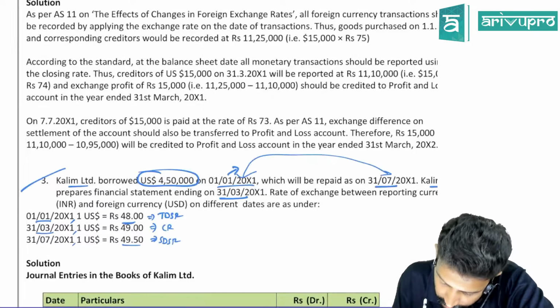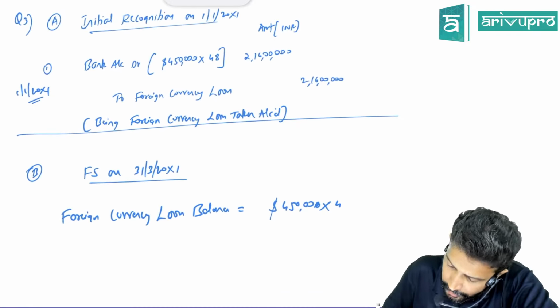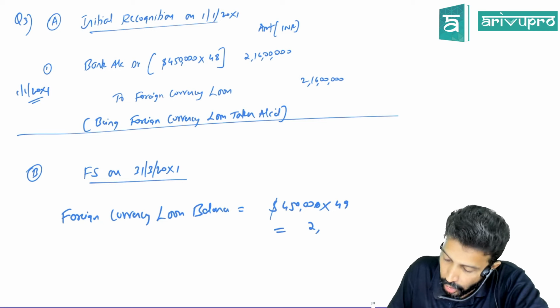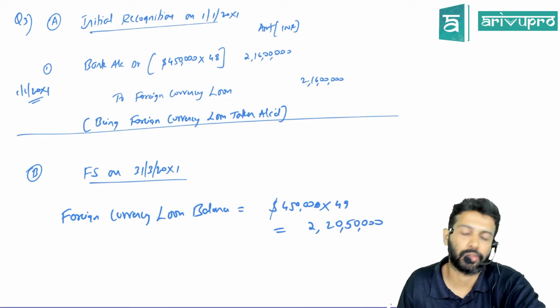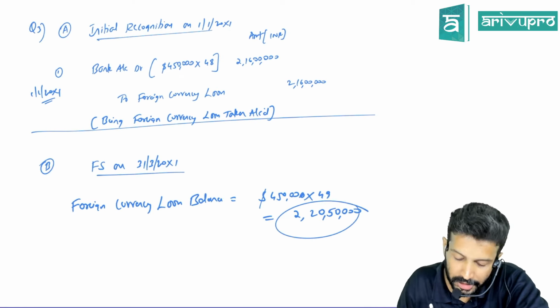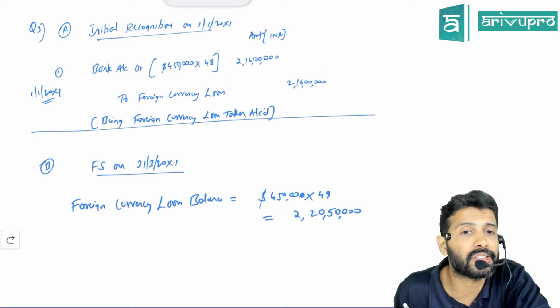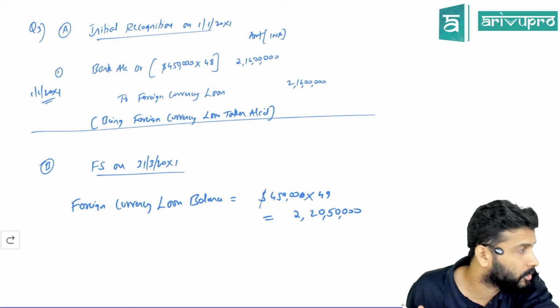What is the closing rate, sir? $1 is equal to 49. So 4,50,000 is equal to how much? 2 crore? 2 crore 20 lakh? So the loan should come in your balance sheet at 2.2 crore, but currently it is shown at 2.16 crore.